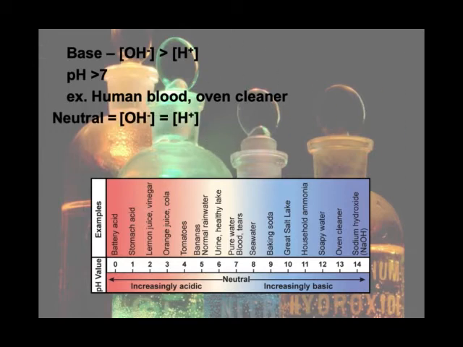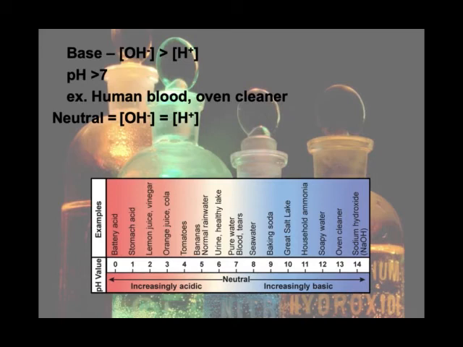So a neutral solution would have hydroxide and hydrogen concentrations absolutely equal. Pure water, and I'm not talking about water out of the faucet, even if you have a well, it's probably going to have some solids and other things dissolved in there. It's going to change the pH. If you take any water sample at all, boil it, collect the water vapor that comes off, and then condense that water vapor, that is distilled water, and that will have a neutral pH.